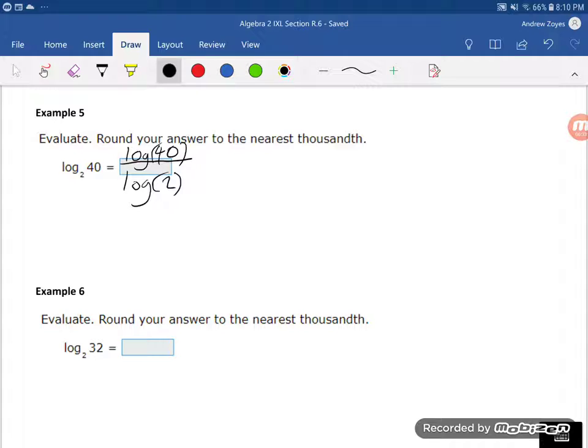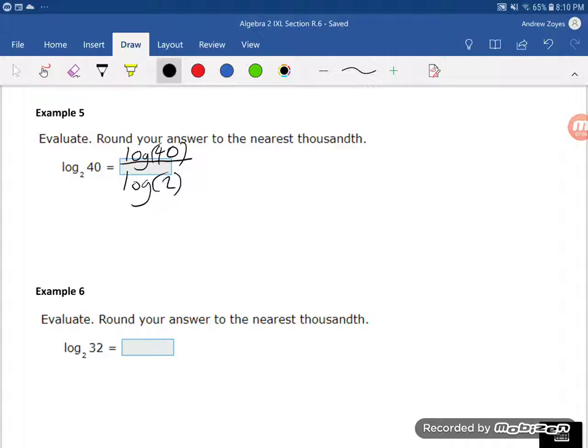Okay, and so what we get out is, oops, hold on, give me 1 second. I accidentally hit the delete button. All right, divided by log and parentheses 2. Okay, equals.